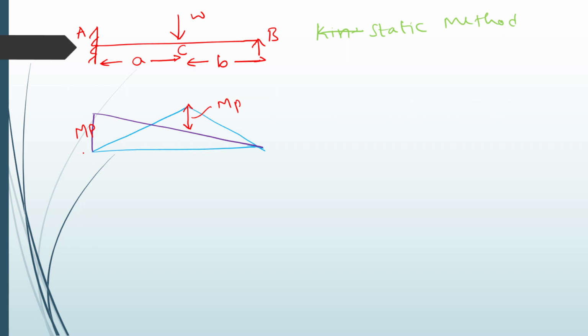Why is it called MP? We know the locations of plastic hinges. Due to the fixity, plastic hinges develop at the fixity, and also under the point load.